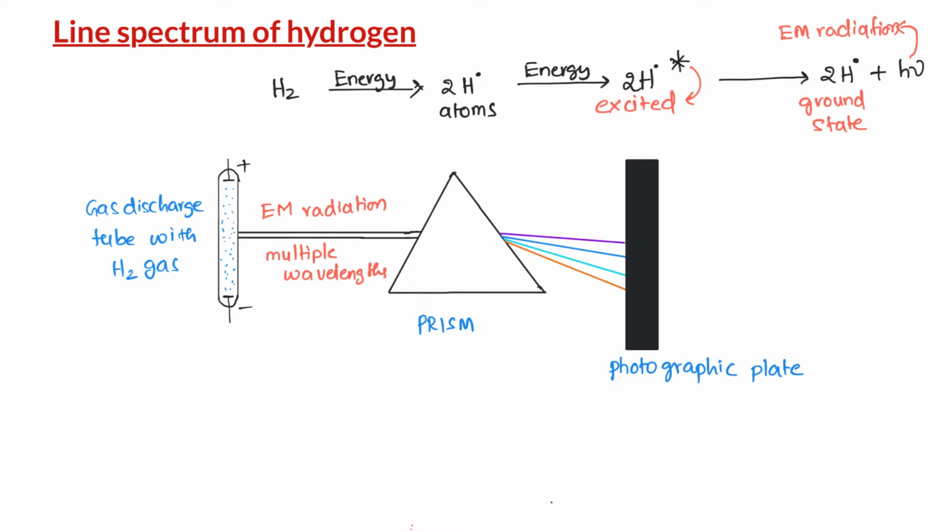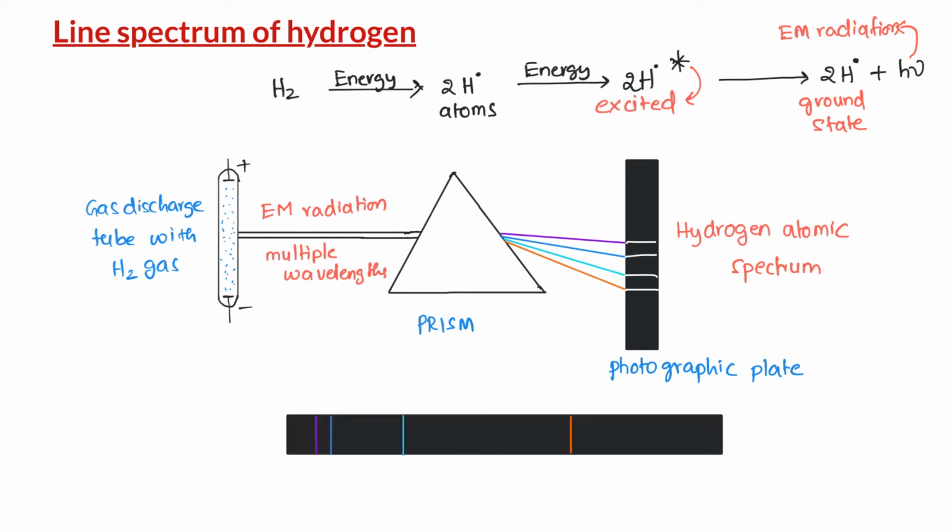We get a pattern which contains bright lines on the dark background. This is called the atomic spectrum of hydrogen. The line spectrum of the hydrogen looks like the following, with 4 discrete bright lines starting at 410 nanometers up to 656 nanometers on a dark background.